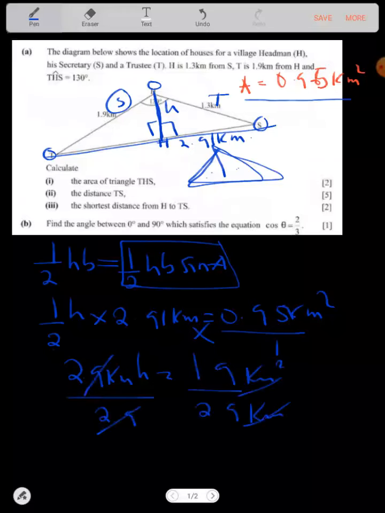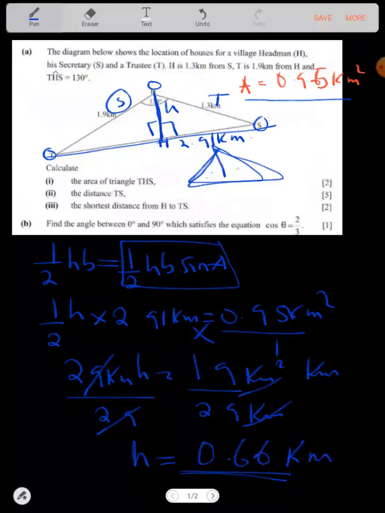So kilometer and kilometer cancel, then you remain with 1 kilometer. So you have h, so 1.9 divided by 2.9. What you get is 0.66 kilometers.